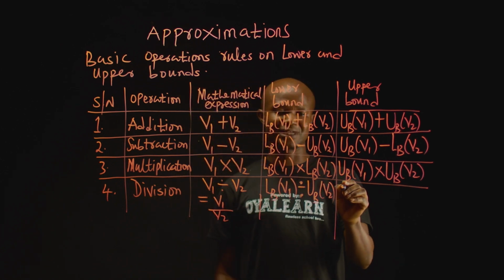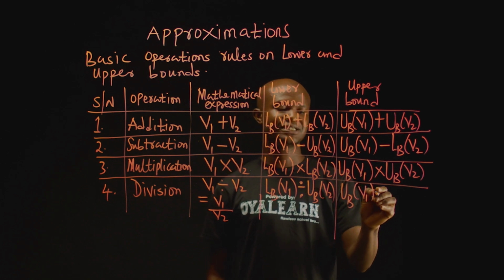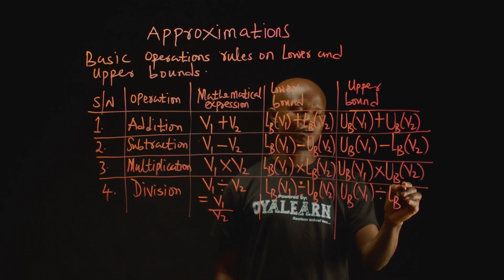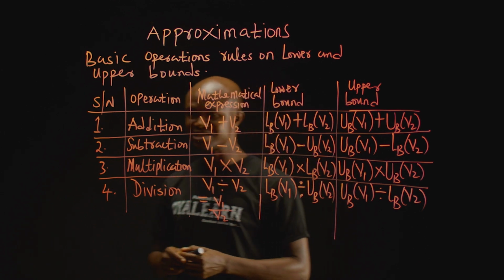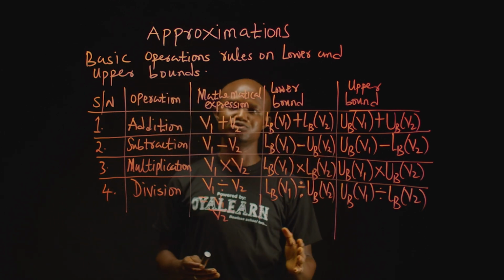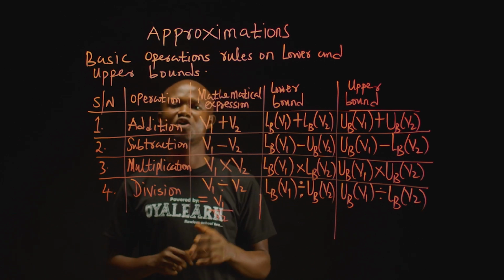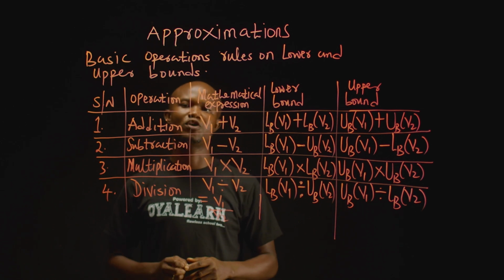Also for the upper band, we have upper band of V1, then divided by what? Lower band of V2. So this table describes the rules we need to consider while solving problems on basic operations dealing with lower and upper bands.